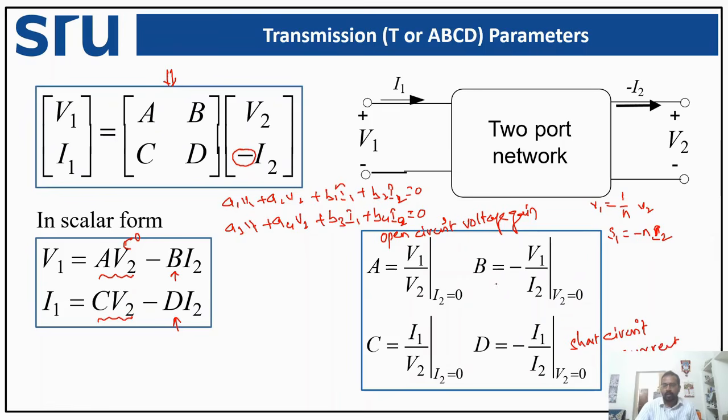What about these two? It's a short circuit. We are trying to excite at the second port and get the response at the first port. So it's a reverse transfer. The ratio of voltage to current, we call it an impedance.